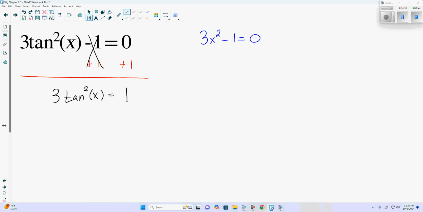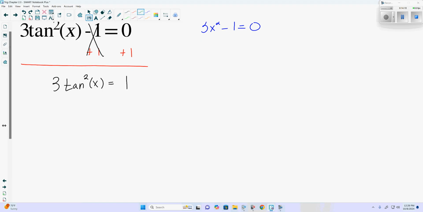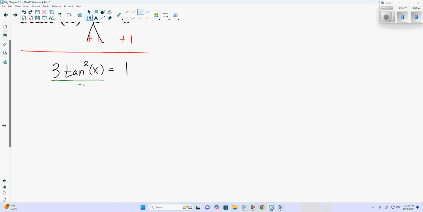Then we would divide by 3. Three tangent squared divided by 3 is going to be tangent squared of x is equal to 1/3.